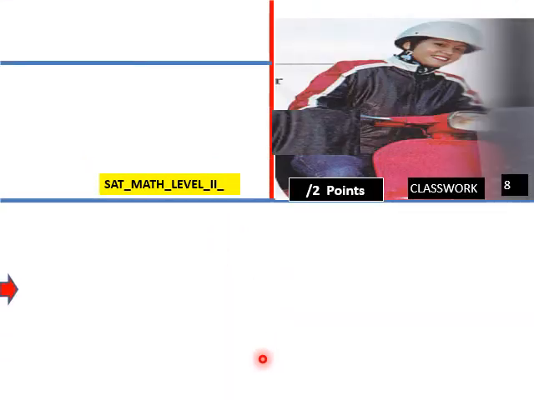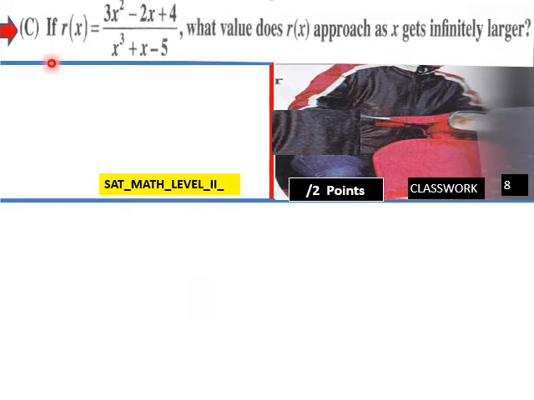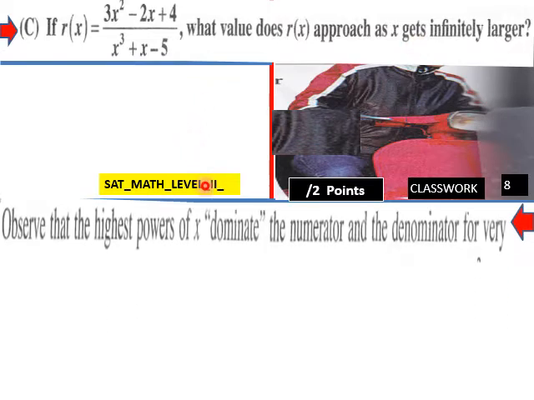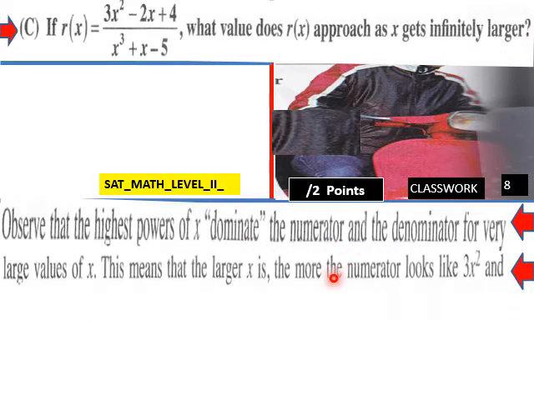So if r of x equals (3x squared minus 2x plus 4) over (x cubed plus x minus 5), what value does r of x approach as x gets infinitely larger? Observe that the highest power of x will dominate the numerator and the denominator for every large value of x.